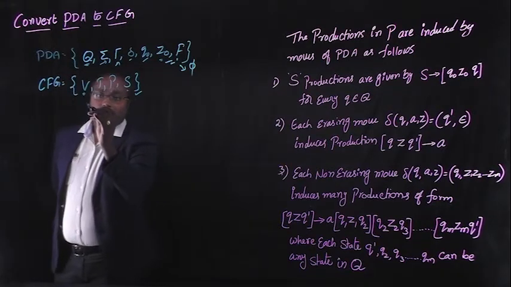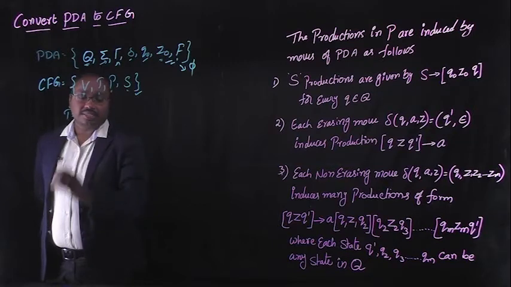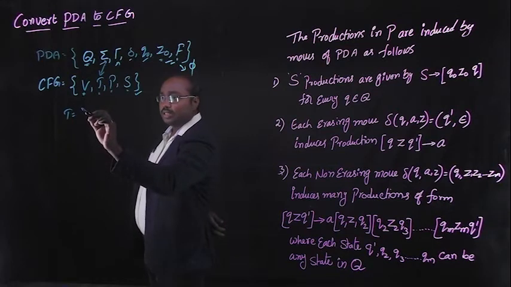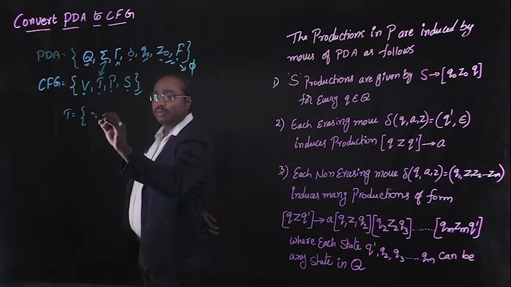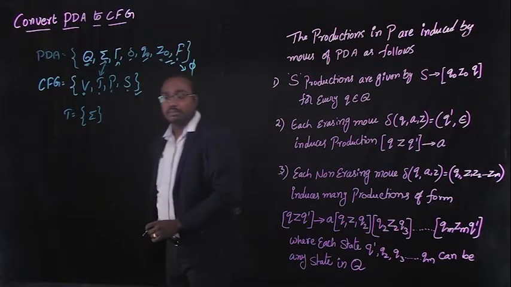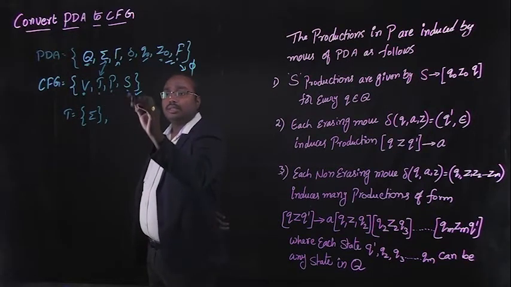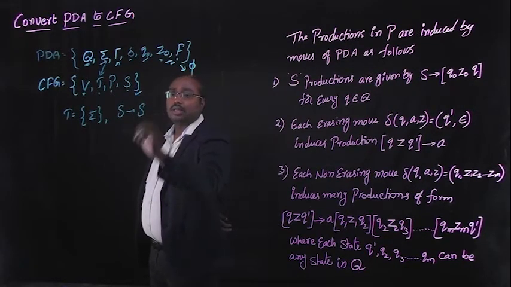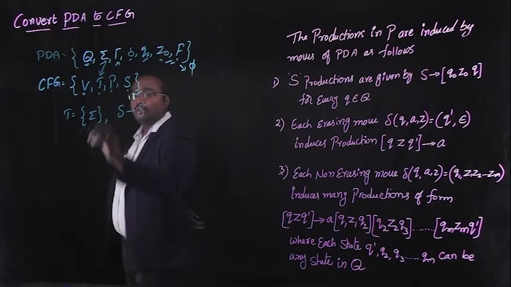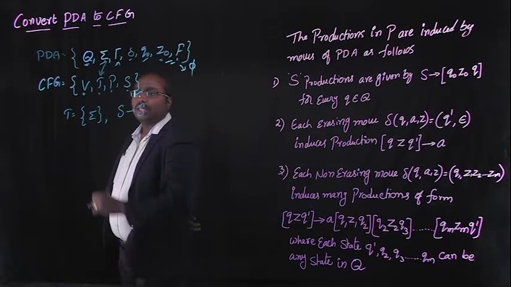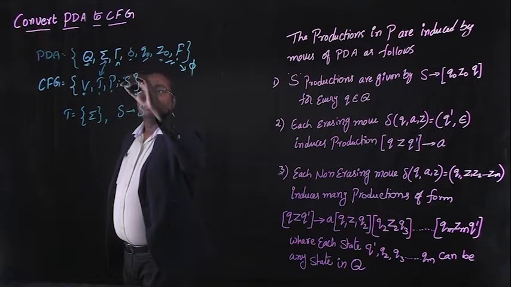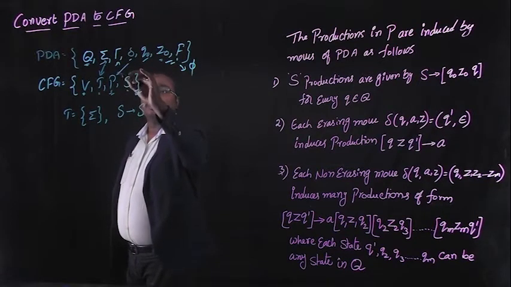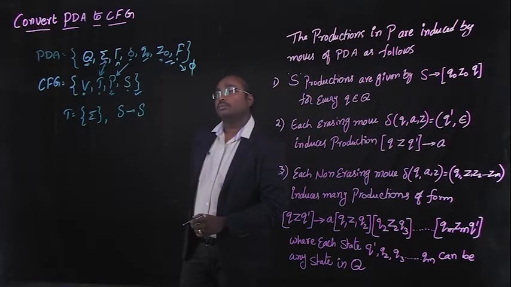The terminals we can extract from the input symbols, S is the starting symbol, V represents variables, and the production rules can be formed from the transition function. With the help of the transition functions we can form the production rules.